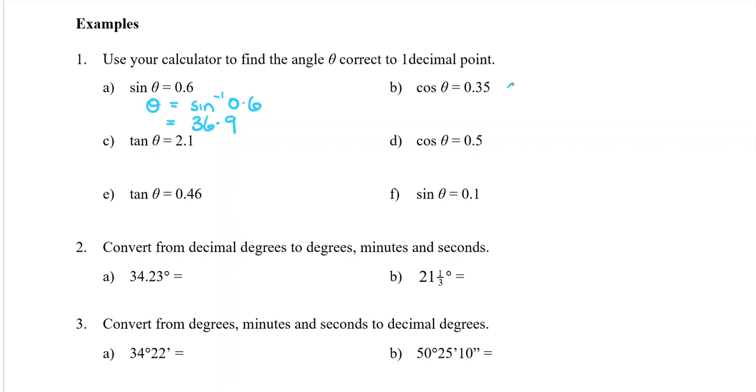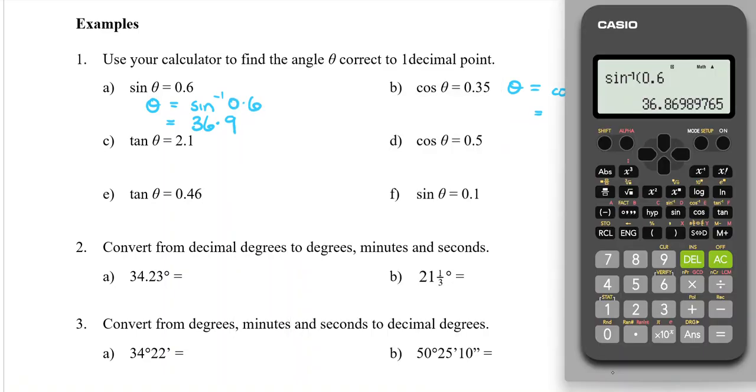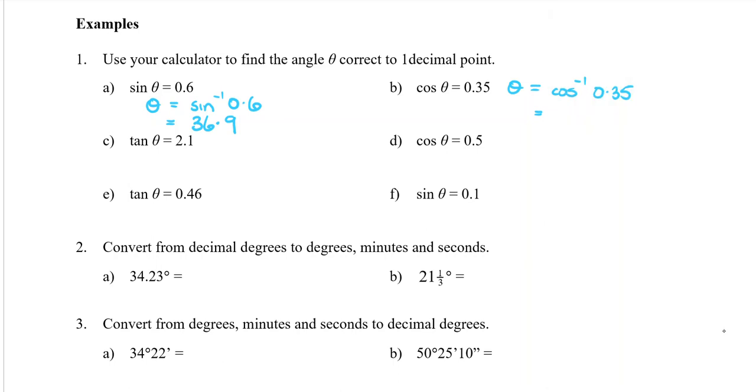To get the theta by itself, I'm going to move the cos across, which makes it become an inverse cos of the 0.35. So in the calculator, you're going to press shift cos of 0.35 and press your equals button, 69.5.